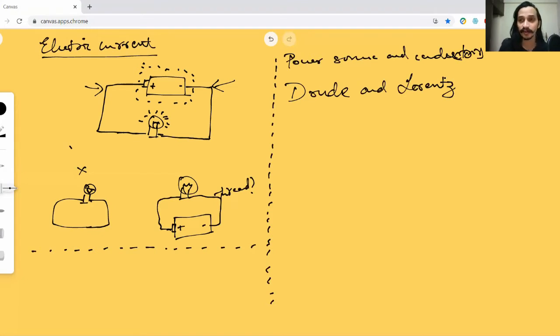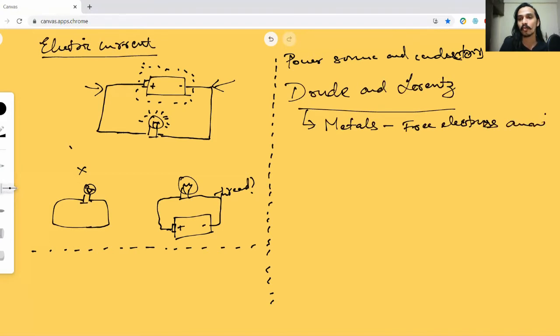Okay, they say it's a movement of charged particles, and according to them, metals have a lot of free charged particles. Mostly they say they are electrons. So they say metals have a lot of free electrons that move around ions of metals.